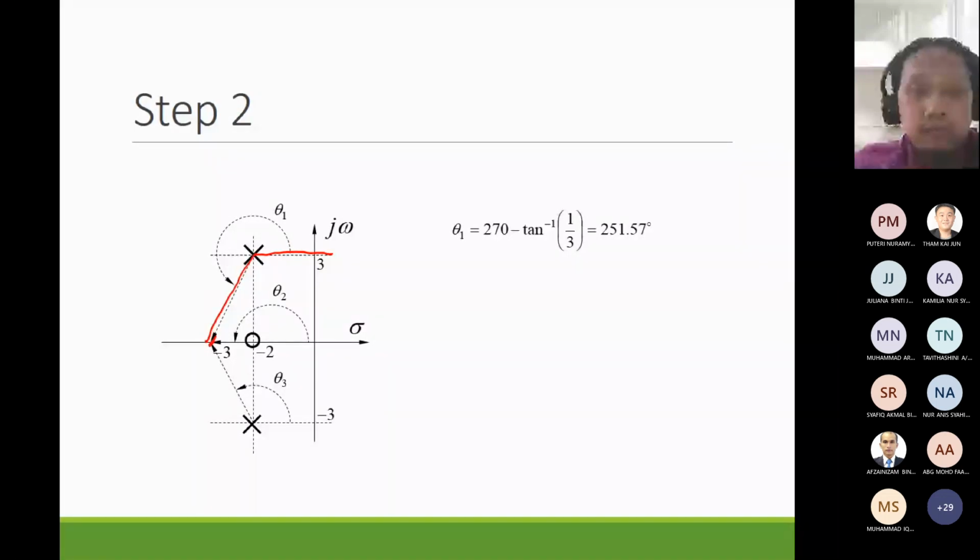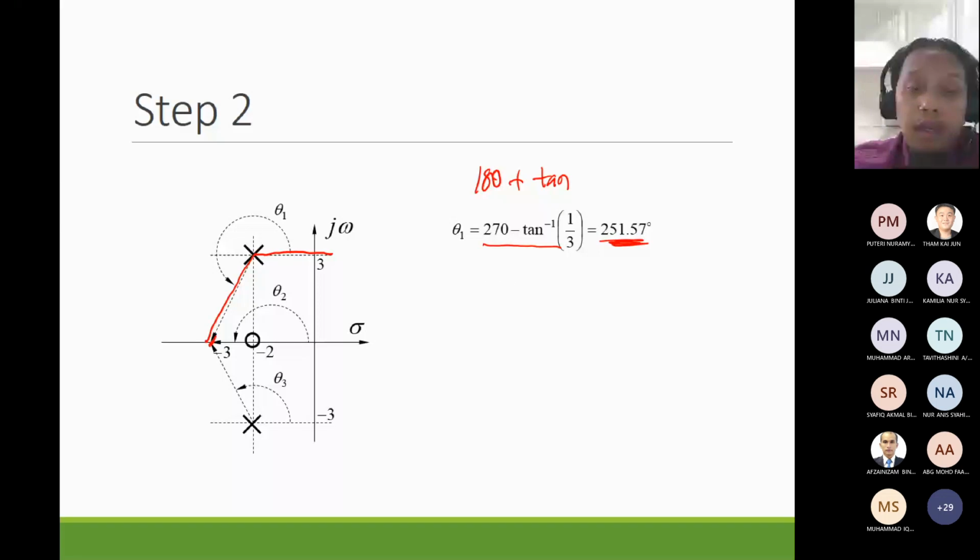How you find the angle depends on how you calculate. For example, here we use 270 minus tangent inverse, but it can be many ways, maybe 180 plus tangent inverse. It all depends on how you calculate the angle, but you will end up with the same value.